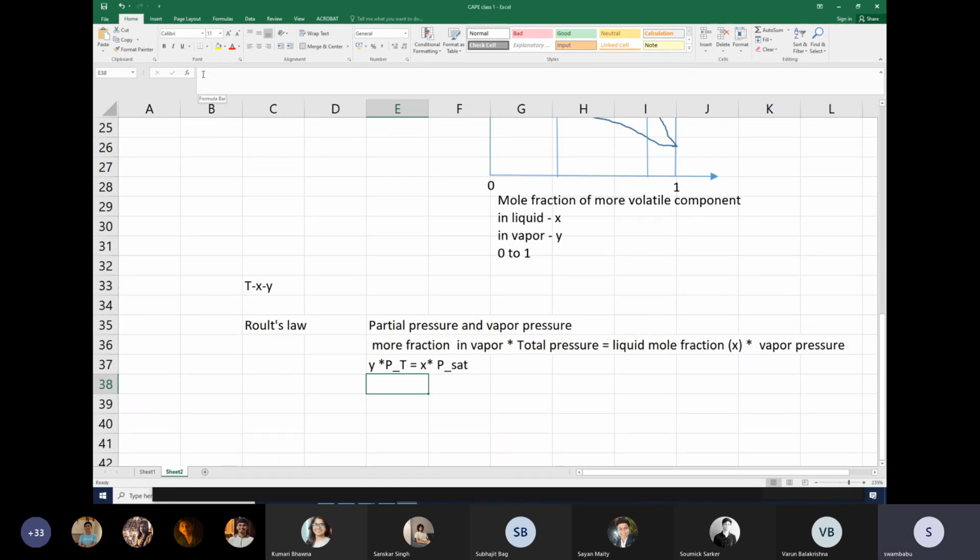Now we have X and we have Y. Now from this, are we able to calculate X versus Y data if we know T? Suppose we have P and we have T. Are we able to find out X and Y?